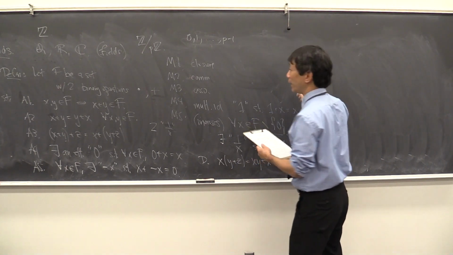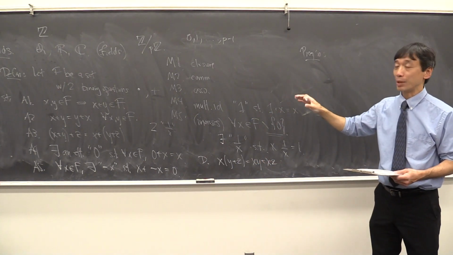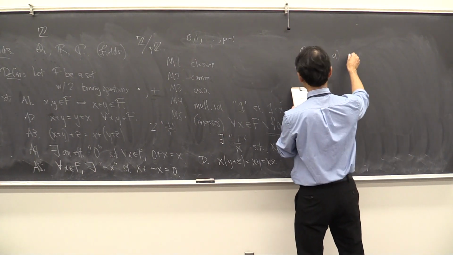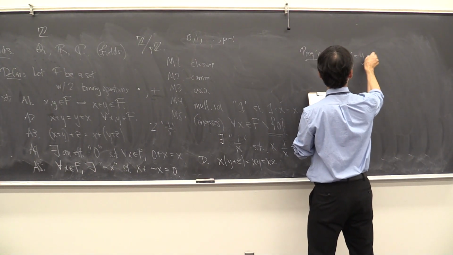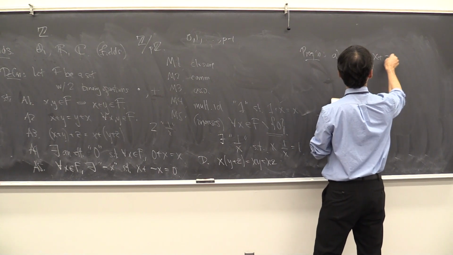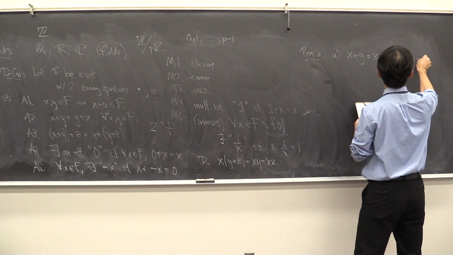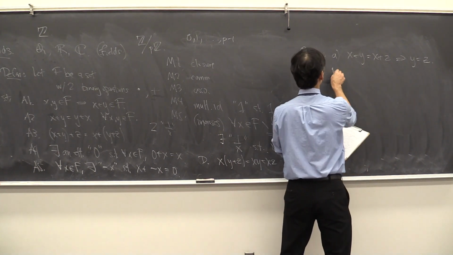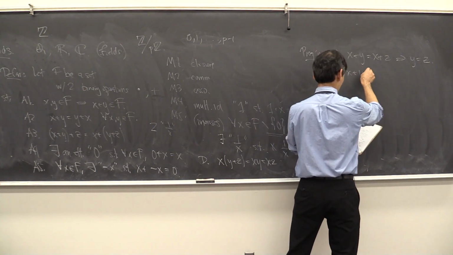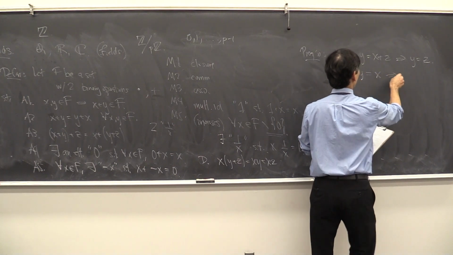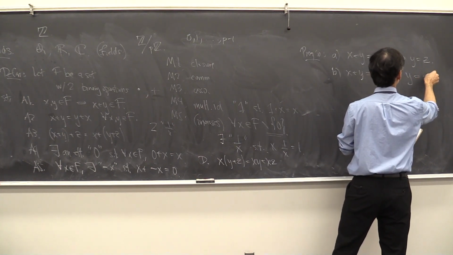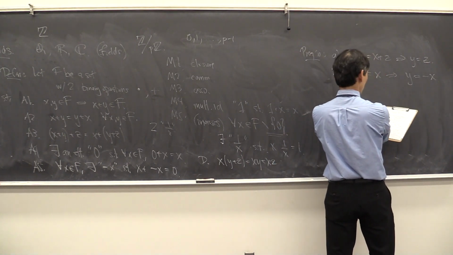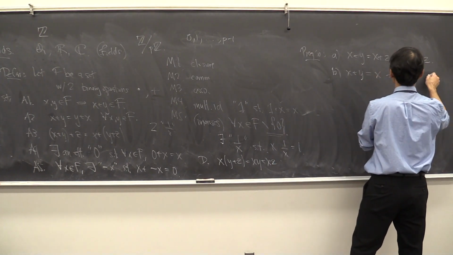There are other things that you might think are fundamental properties of numbers. For example, if you have x plus y equals x plus z, then y equals z. Or if you have x plus y equals x, then y must be 0.